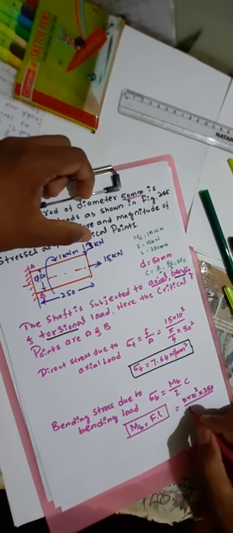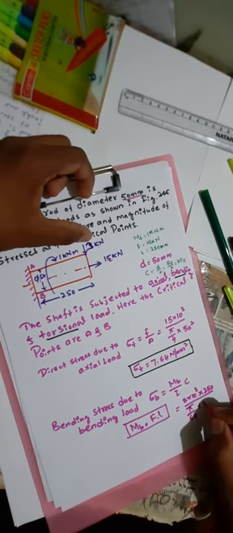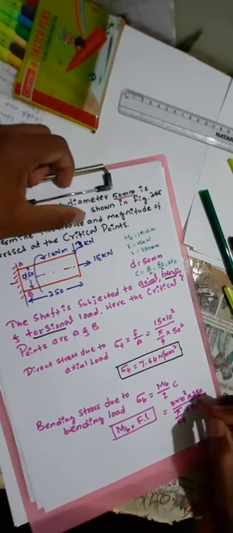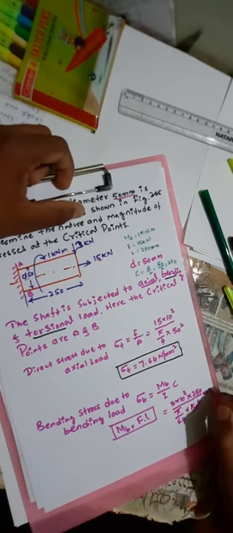I is equal to pi by 64 into d to the power 4, that is 50 to the power 4, into c by 2. C into c, that is c. What is the value for c? Which is 25.